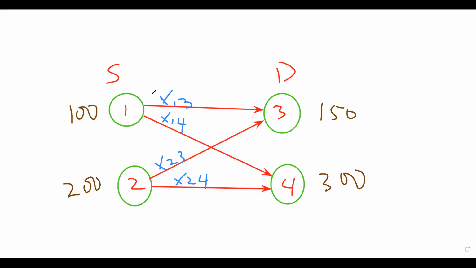So let's say that the cost from 1 to 3 is, say, 5. You are now going to attach 5 in front of the X13 so that you have 5X13. Let's assume that the cost associated with moving from node 1 to 4 is 9. You write 9 attached to the X14, so you get 9X14.